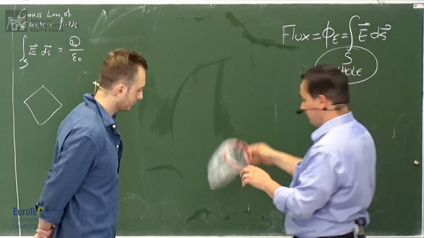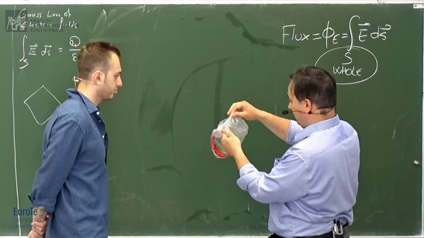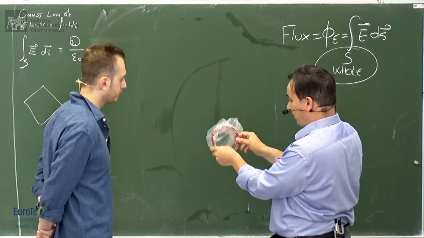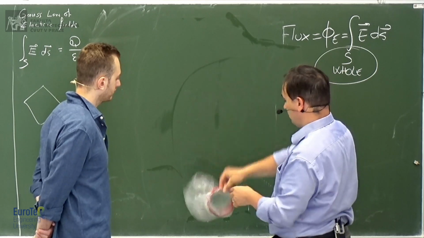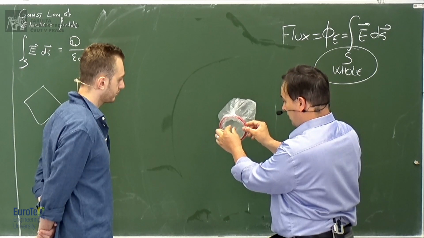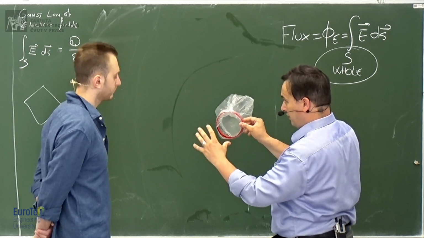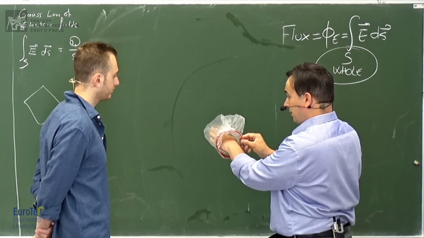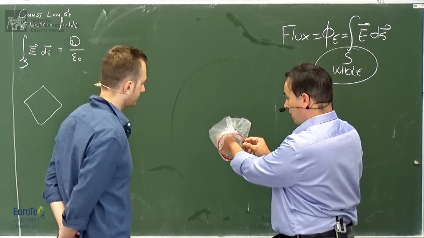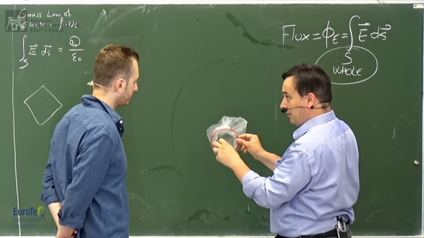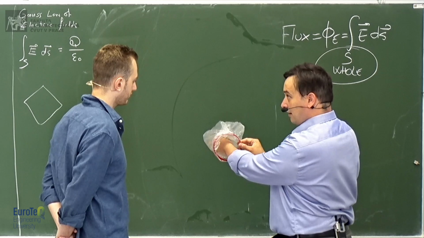This is your surface. It's attached to this ring, but it's not closed. Here there is some opening. Let's say that you have your charge here. Some flux will get out of here, and some flux will go through this surface. If I have my charge here, clearly the flux which gets out of here is smaller because I'm far from the charge.